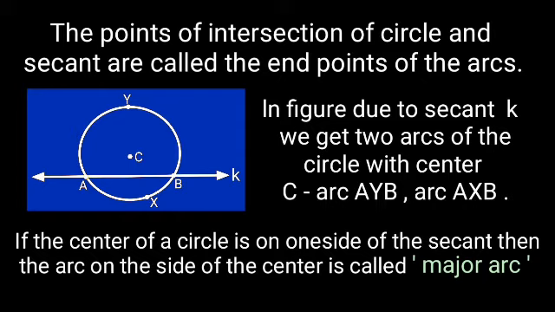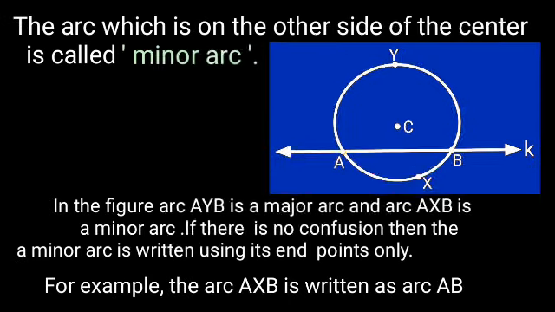In the figure, due to secant K, we get two arcs of the circle with center C, arc AYB and arc AXB. If the center of a circle is on one side of the secant, then the arc on the side of the center is called major arc.